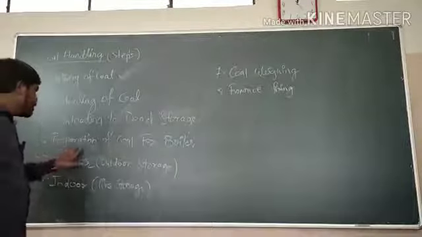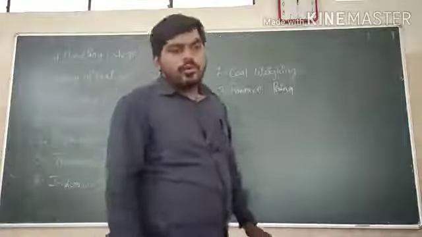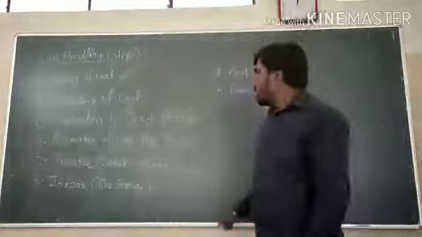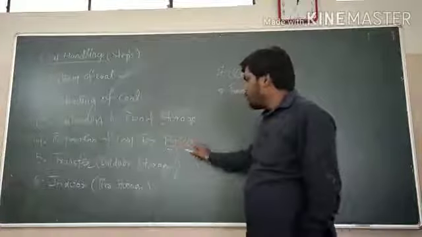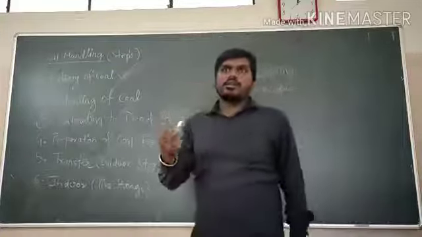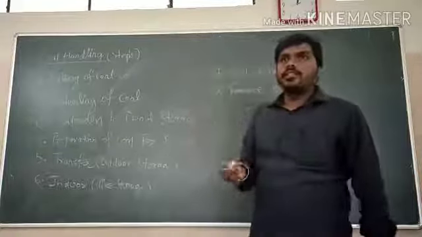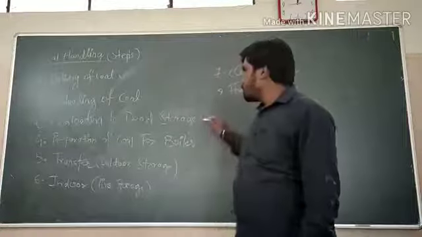Then what is the next step? Preparation of coal for the boiler. Before giving coal to the boiler, we are going to check our coal type, which coal it is, and its size. So we are going to use some steps.